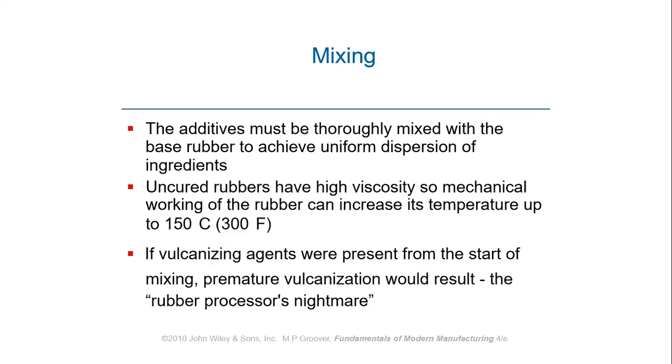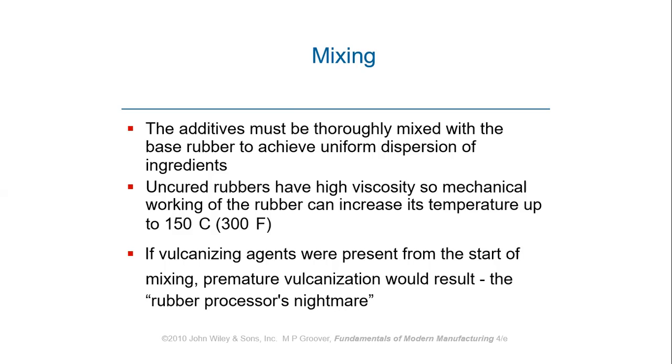Basically, uncured rubbers have high viscosity, so the mechanical working of rubber can increase its temperature up to 150 degrees Celsius. The rubber product is available as a sheet that is very highly viscous, and if you want to mix something with it, there is friction involved, and because of that friction between the rubber and the mixing devices, the temperature can increase to 150 degrees Celsius.